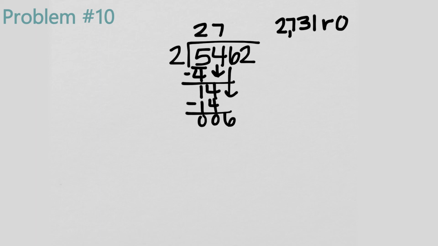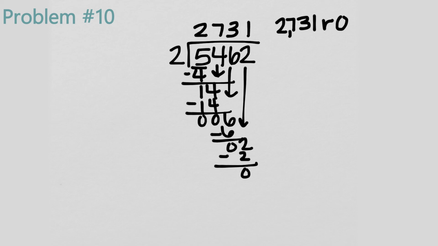How many times does 2 go into 6? 3 times. 2 times 3 is 6. Bring down the 2. How many times does 2 go into 2? 1 time. 2 times 1 is 2. We have nothing else to bring down and no remainder.